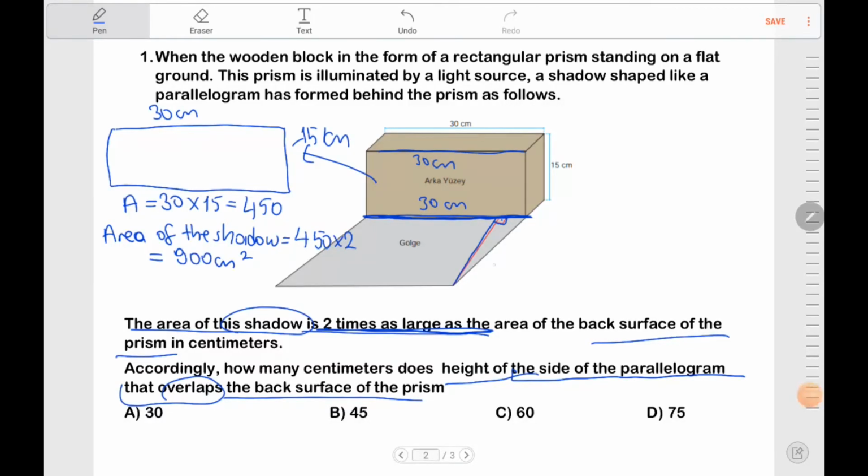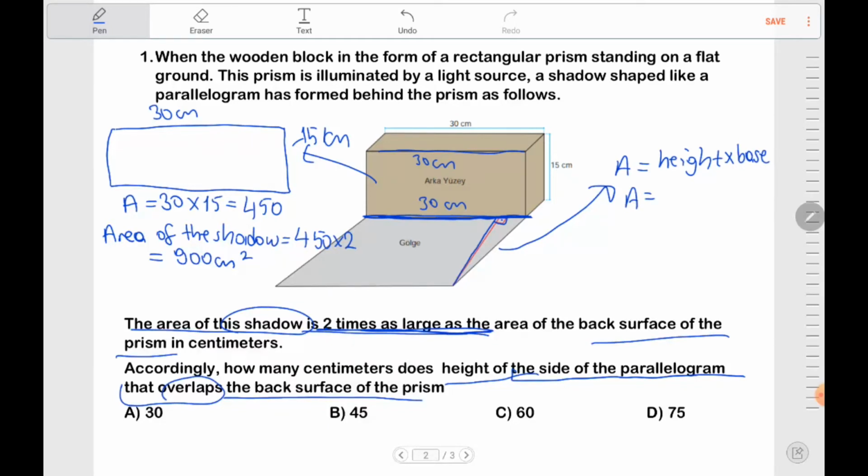The question says that this shadow is a parallelogram. So, the area of this shadow equals height times base.